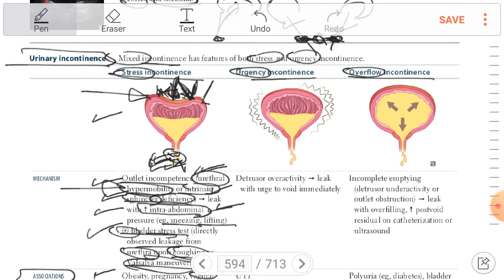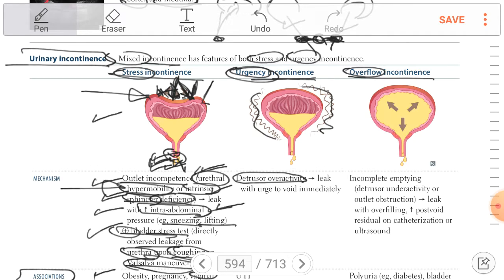Then the second type is called what? Urgency incontinence. It means what? There is overactivity of the detrusor muscle, so there is leakage with urge to void immediately. The patient will feel that he wants to void immediately, but while going to the bathroom there is leakage of urine.